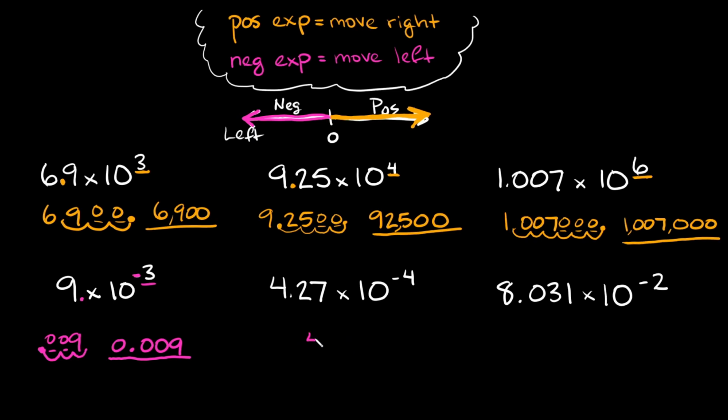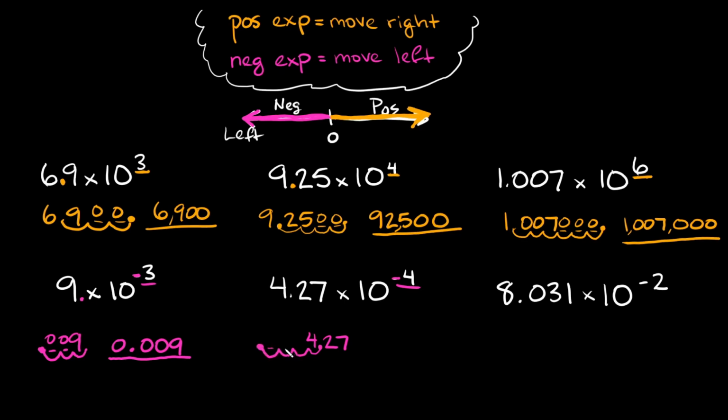So let's see, 4.27. So here's our decimal, right? And we're going to move it 4 times. And are we moving left or right? Well, this is a negative exponent, so we're going to move to the left, okay? So we're going to go 1, 2, 3, 4. So that's where your decimal goes.